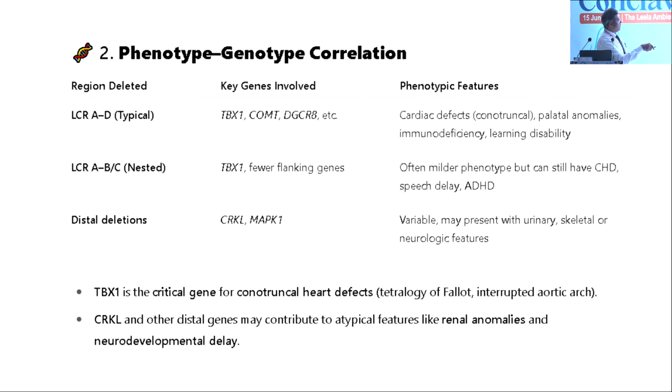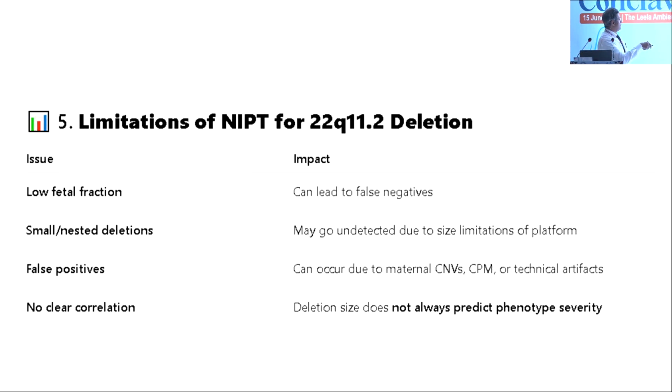So we can have a conotruncal malformation, but these nested and distal deletions might be missed on NIPT, right? So we need something around 8 to 10% fetal fraction.